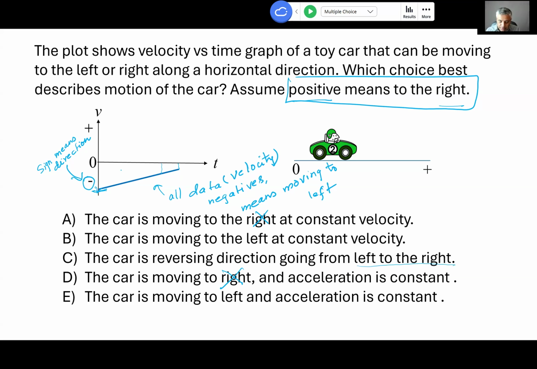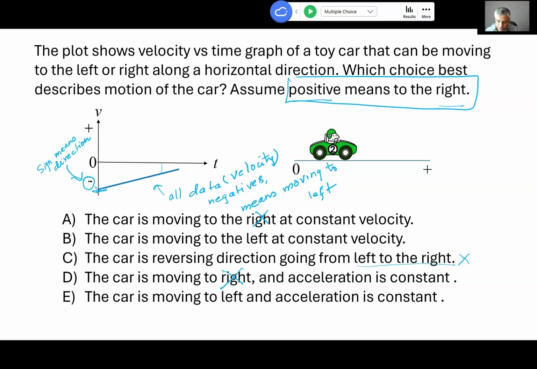Yes, it's moving to the left, but hasn't gone to the right. It's not reversing the direction. We don't know what happens after this because we don't have data, so we cannot predict what's going to happen. That's why this is also not a good choice here.